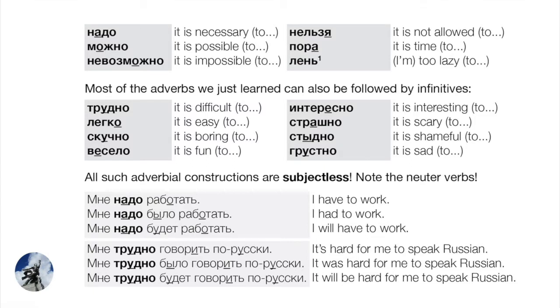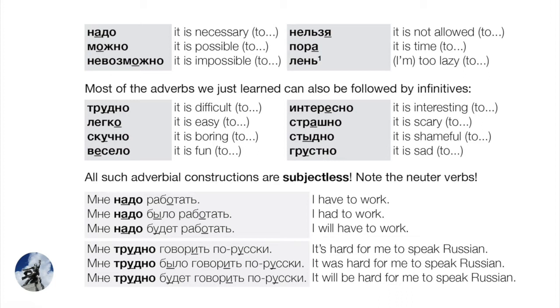So here's a quick table with some of the most common ones. Надо, we could think of that as it is necessary to. But again, contrast the grammar. In Russian, this is simply an adverb. We can translate it as it is necessary to, and that pretty much captures it. But again, we are introducing an it in the English, a dummy subject that's not present in the Russian.